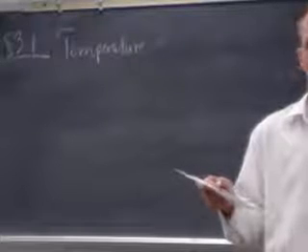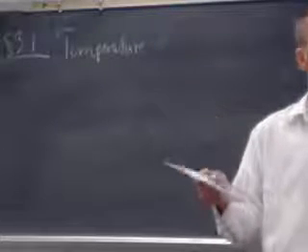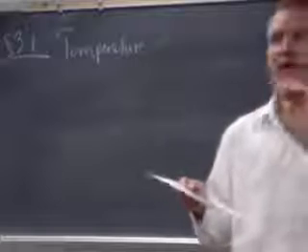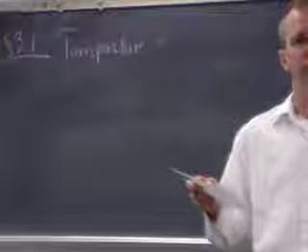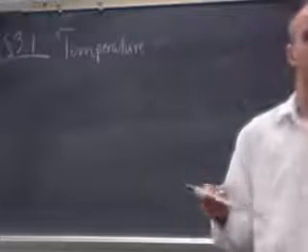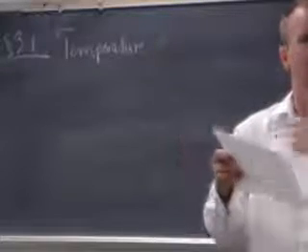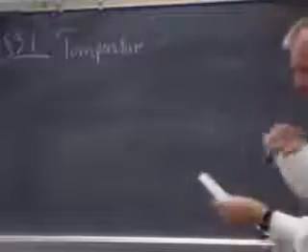Once they're in thermal equilibrium, the exchange stops. Now, I should say, it's not that there's no energy exchange once they're in equilibrium, but there's as much flowing one way as there is the other. So there's no net exchange anymore.